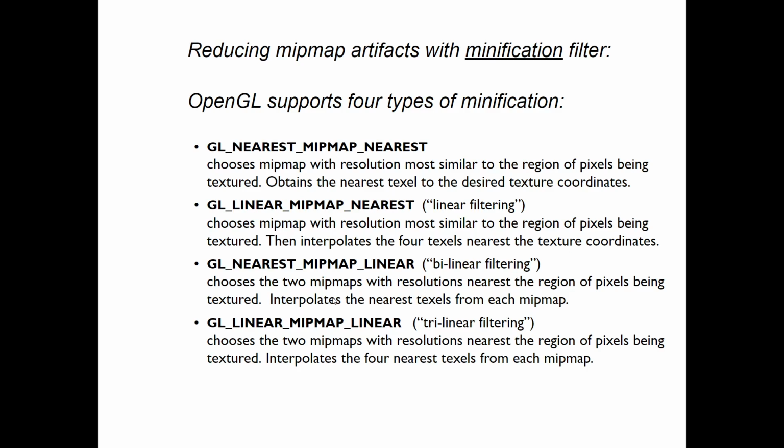Then you have bilinear, where you can look at the two neighboring and the nearest and filter across. Did I get that backwards? Choose the 2 MIP maps with resolutions nearest the region and interpolate between the two. And then trilinear, choose 2 MIP maps with resolution nearest.